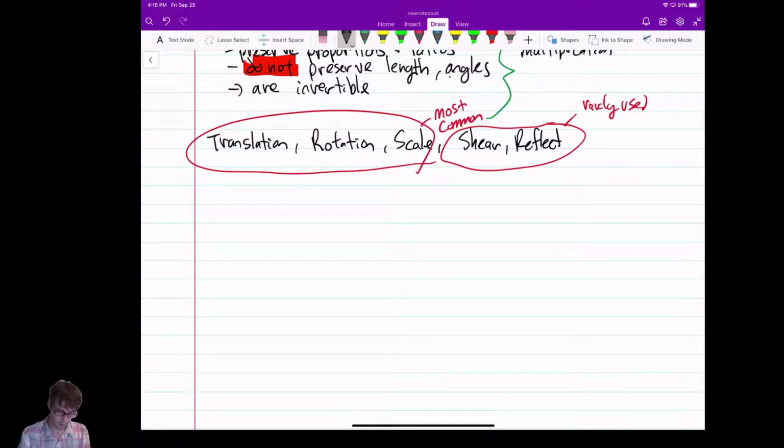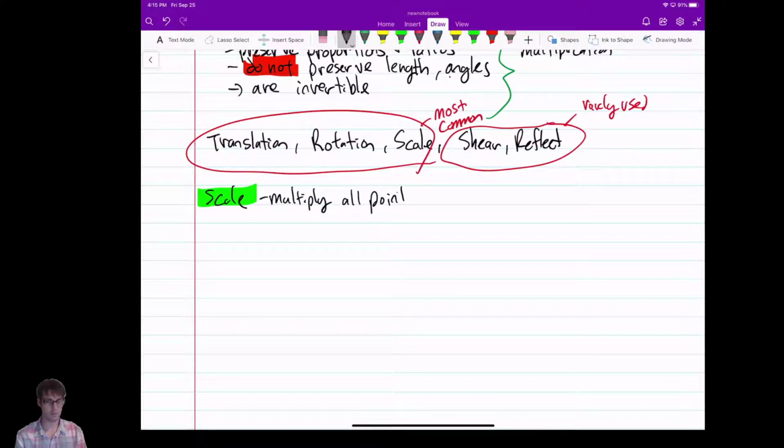So let's learn our first operation. Let's do scale first. Scale is an easy one. Remember, scale, you basically want to multiply all the points by some scalar value. If I want to double the size, I multiply them all by 2.